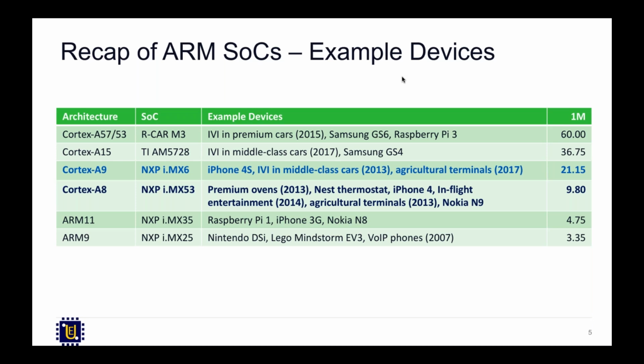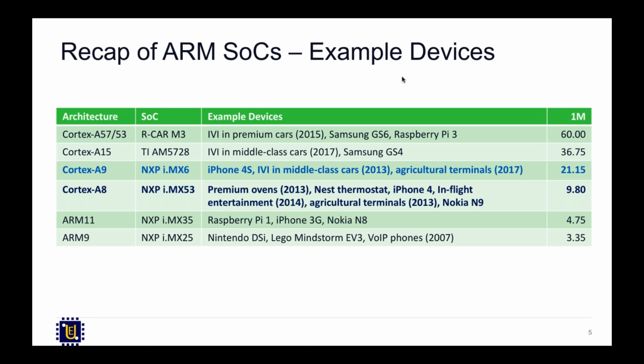So Cortex A9, the typical example is a quad-core Freescale or NXP i.MX6. It's used in many, many devices. So you find it in the iPhone 4S from 2012, actually. You find it in the infotainment systems of middle-class cars dating from around 2013.